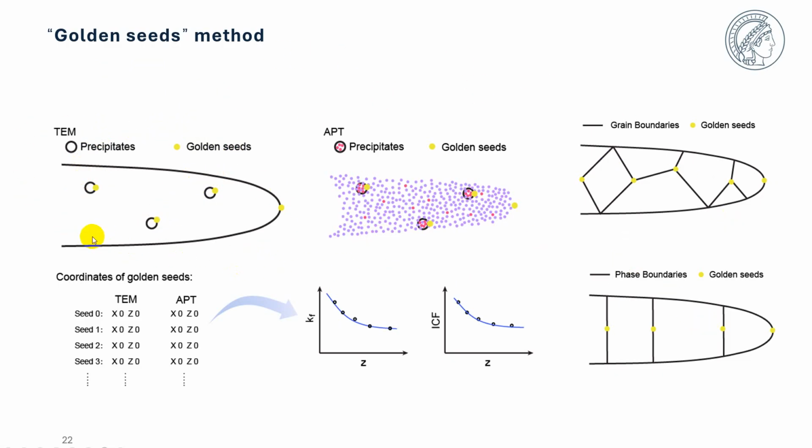So firstly, we obtain the TEM, then we can get the coordinates of such precipitates, or we obtain the location of grain boundaries. So now we can have the coordinates of these seeds, and also we get the coordinates of these seeds in APT. Then we can do the correction of KF and ICF and obtain a better reconstruction result.